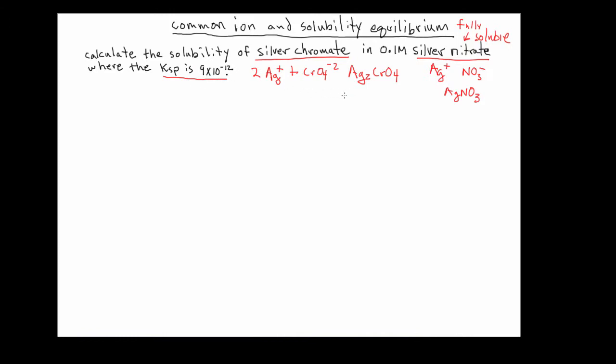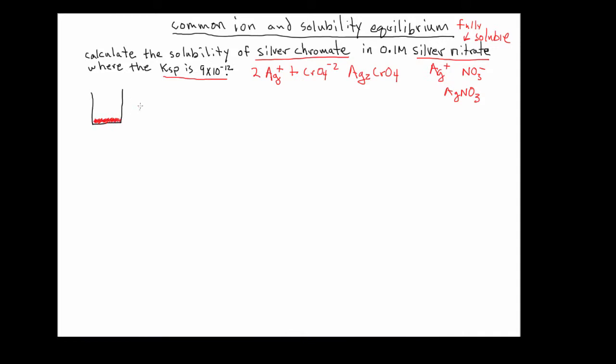Now, I want to give you the setup of this problem because I think it's really important to have a way of looking at this that makes it understandable. So in the common ion problem, here's the deal. I'm going to draw a picture of a beaker, and in the bottom of this beaker I'm going to add the powder, which is the silver chromate, a reddish brown powder.